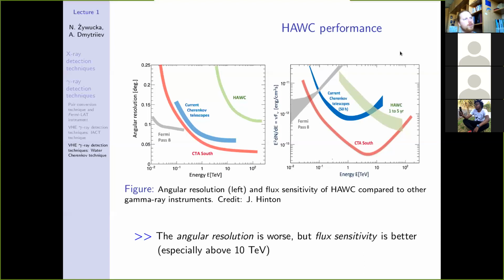For Cherenkov telescopes, the duty cycle is much lower, so you will be observing the source in very irregular patterns. And HAWC will be observing more or less all the time. I will explain later. So HAWC is much better at measuring source spectra above 10 TeV than IACTs.